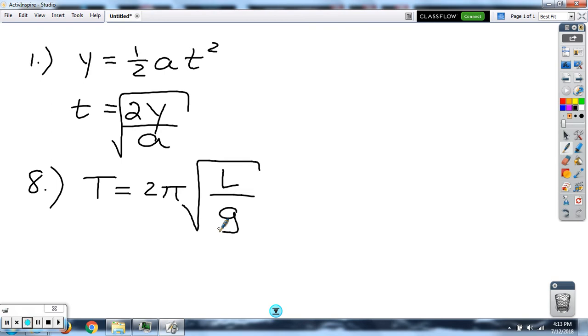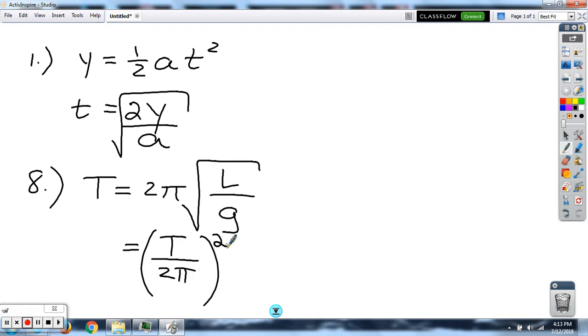In order to do that, we first need to get rid of this 2 pi. So I'm going to have to divide both sides by 2 pi. And what I'd have left over is the square root of L over G. Now I need to get rid of the square root, so I'm going to have to square both sides.